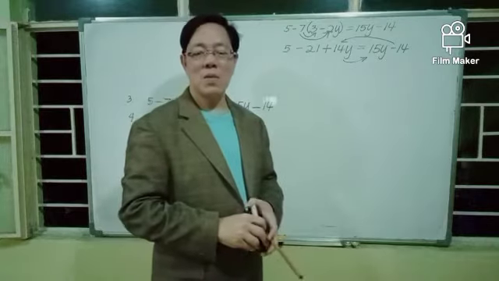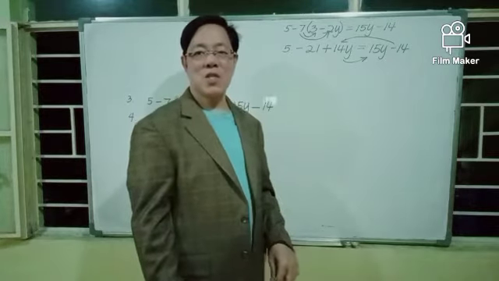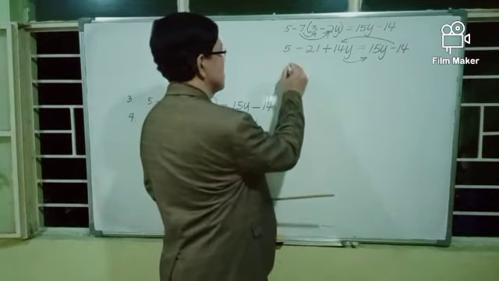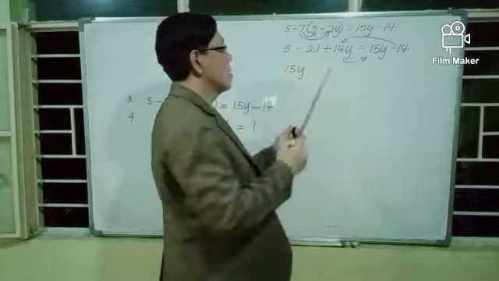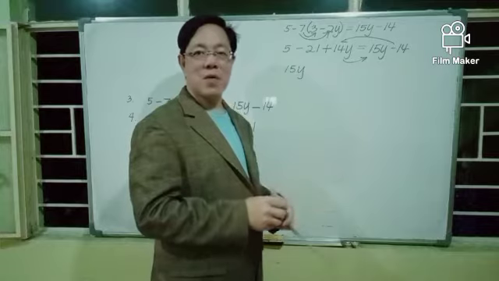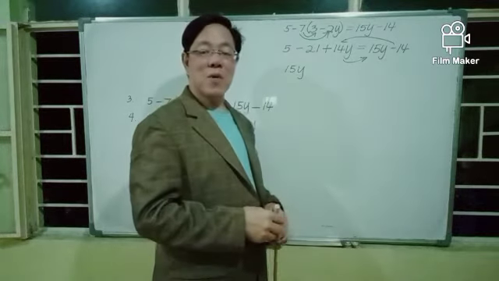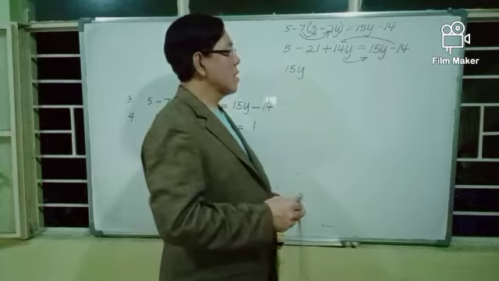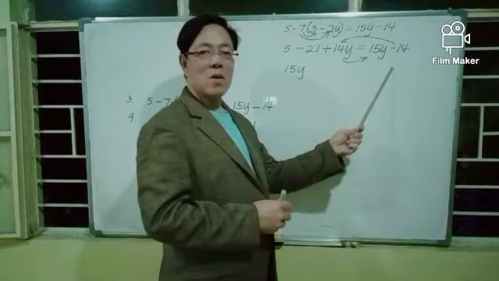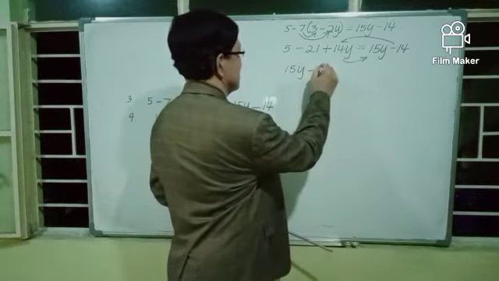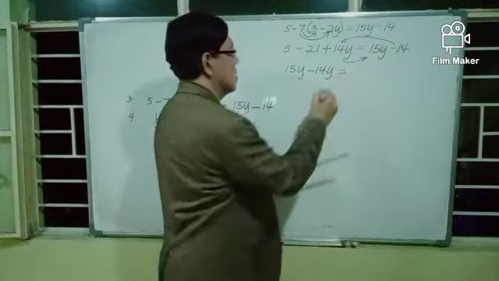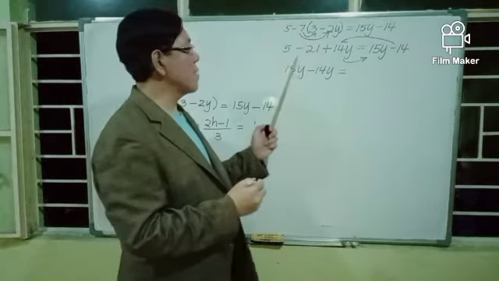And we will do the transposition method. On the right hand side, we have 15y. Transpose 14y to the right hand side, take the opposite sign of positive 14, it becomes minus 14y after transposition. Hence, at the right hand side, we have 15y minus 14y equals, at the other side of the equation, we have 5 minus 21.